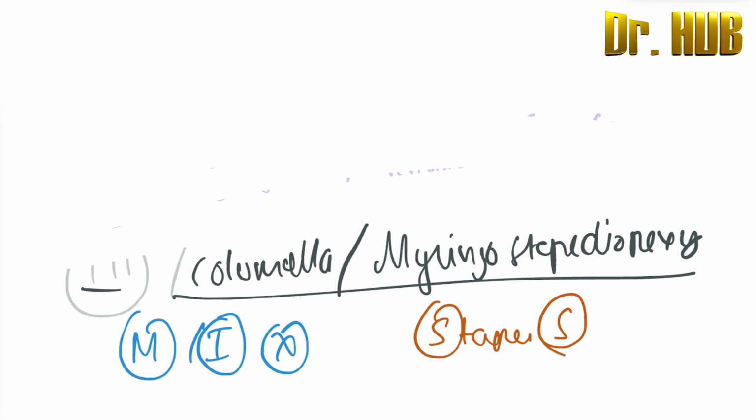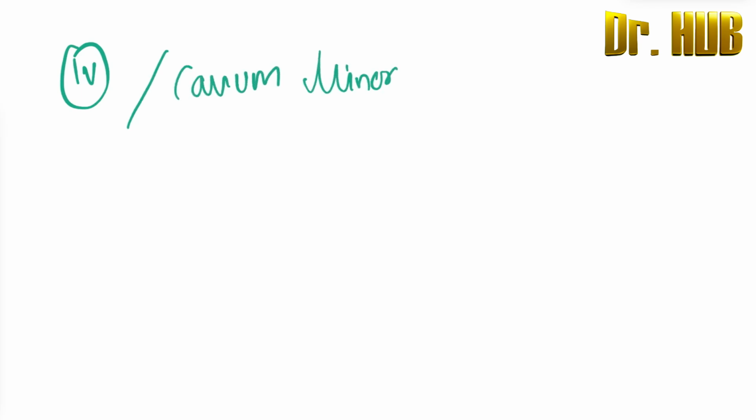Now let's move ahead to type 4. Type 4 is also known as the cavum minor. Here all ossicles are eroded. It happens in stages: first the malleus, then malleus and incus in type 3, then in type 4 all ossicles are eroded.